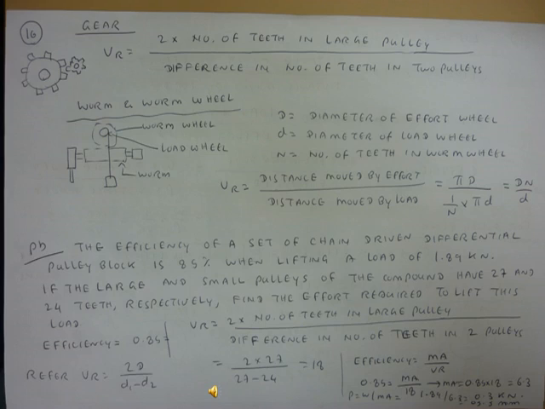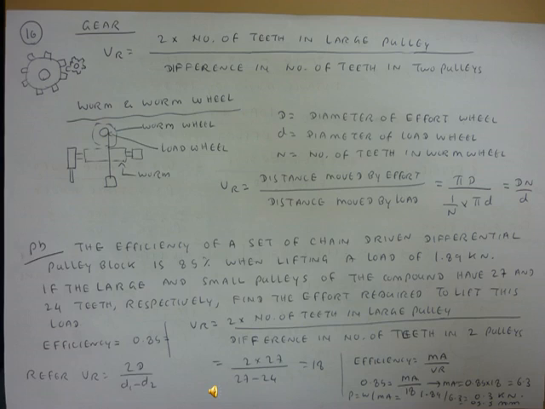And then based on this principle, we will resolve the following problem. The problem: the efficiency of a set of chain-driven differential pulley blocks is 85% when lifting a load of 1.89 kilonewton. If the large and the small pulleys of the compound have 27 and 24 teeth respectively, find the effort required to lift this load.